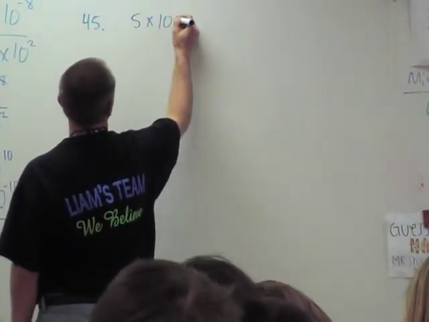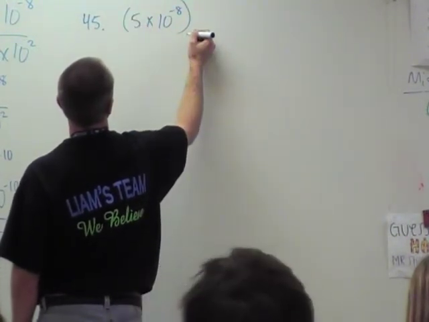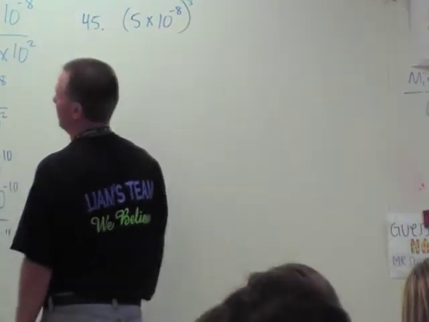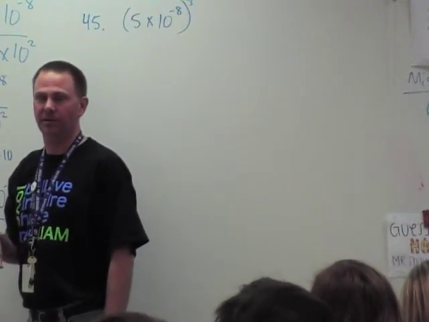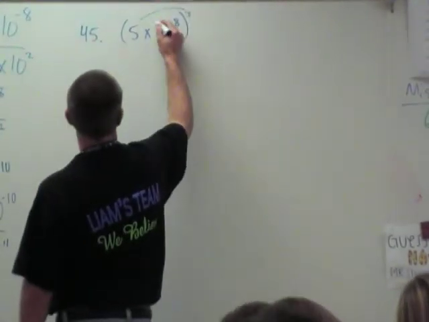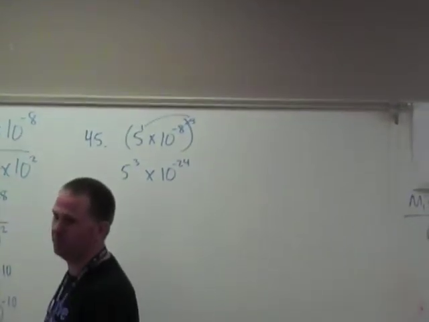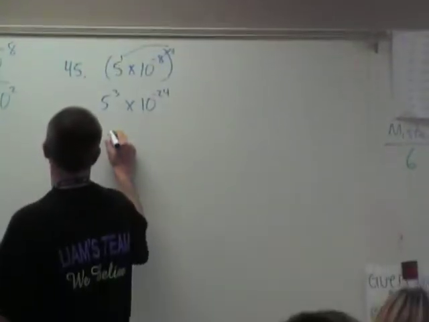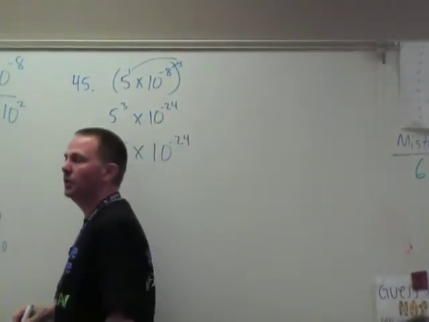Parentheses, 5 times 10 to the negative 8 power, and then 3 on the outside. The exponent? Well, okay, what are you supposed to do with outside exponents? Distribute. Just each exponent on the inside, right? Watch what happens when we do this. That's a 1 there, right? That's an 8, so this is 5 cubed times 10 to the negative 24. What's 5 cubed, people? 125. Okay, so is that problem done? No. Okay, you finished it. I'm not finishing it for you.